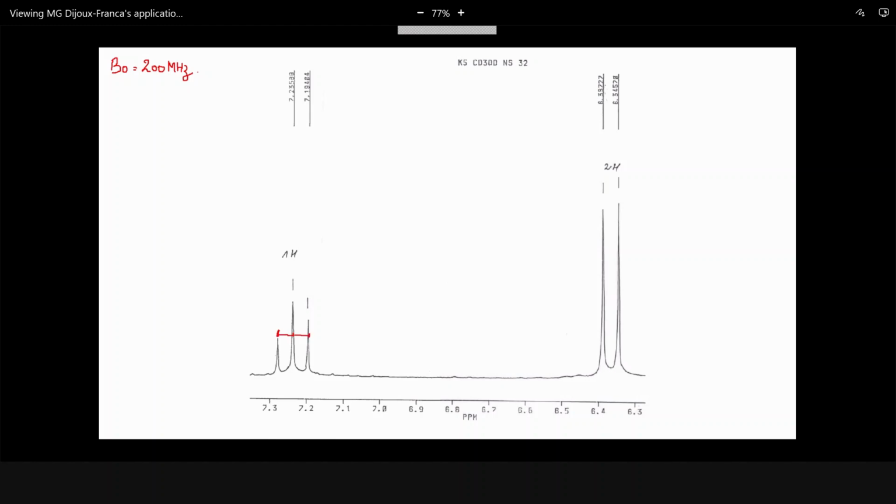So even if we don't have the value of the first peak here, it doesn't matter because I have the others. And if we calculate, 7.2356.